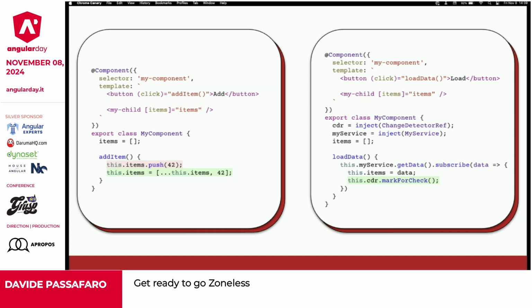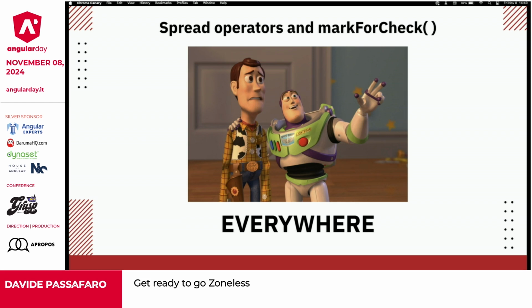So you will have to use the spread operator a lot to update your objects or arrays in an immutable state. You will need to use markForCheck a lot, basically manually telling Angular when you want to check something, which is the total opposite of the default change detection, which does everything automatically. So yeah, you will end up like this.